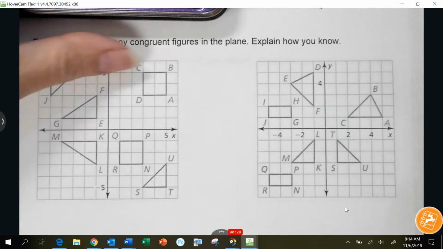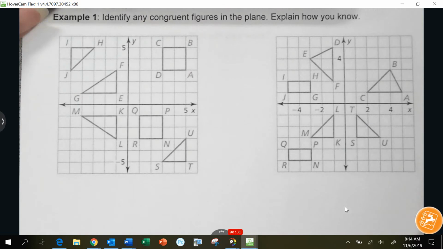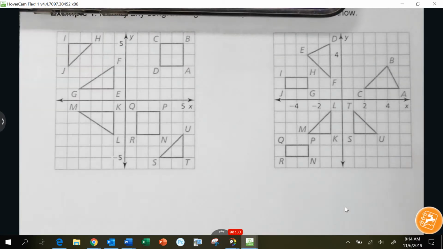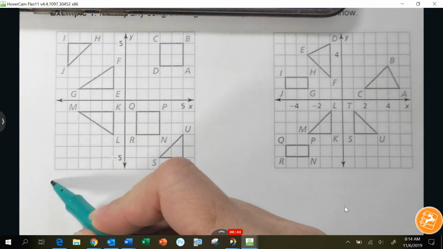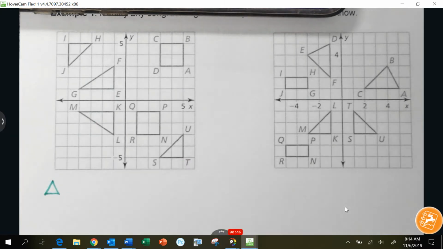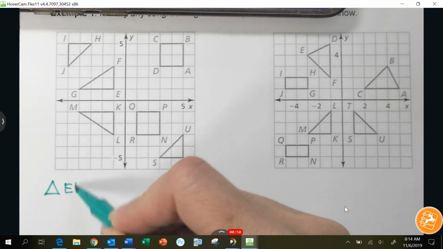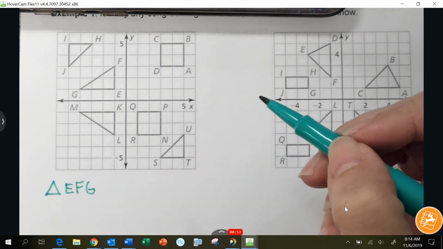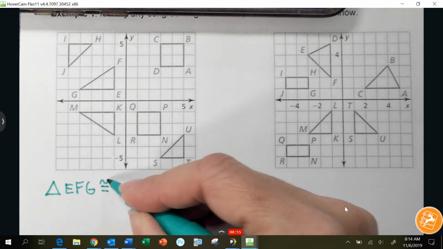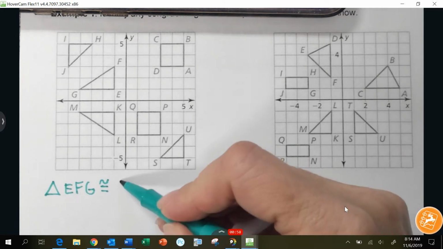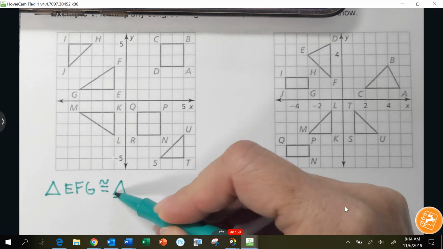So what we're going to do is identify them, and we're going to use geometry symbols to not have to write all the words out. Looking here, I see triangle EFG is congruent to triangle, anybody know the answer?